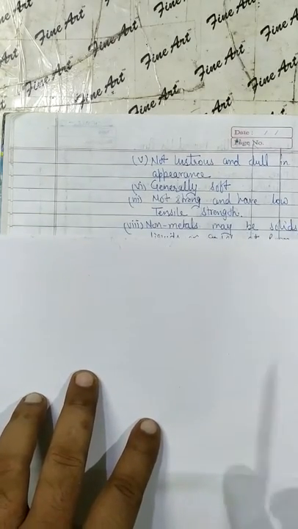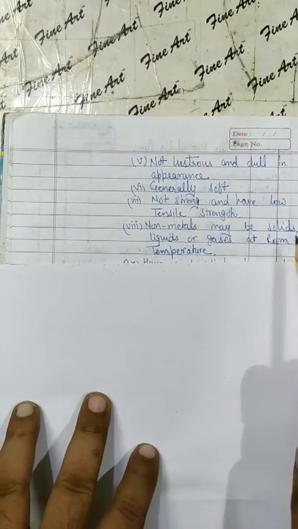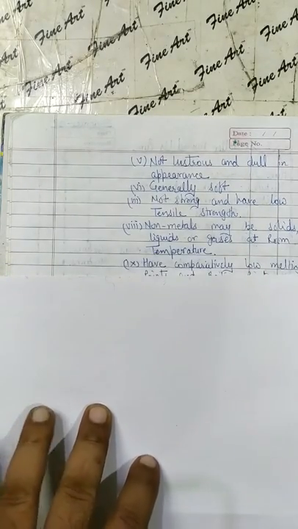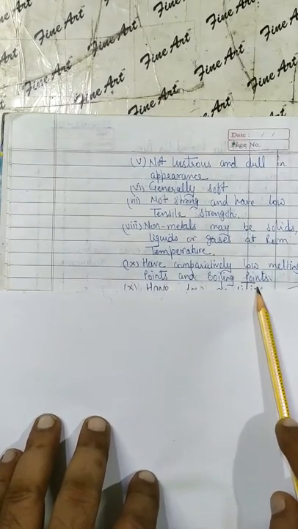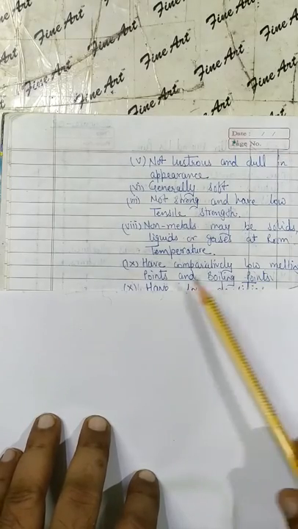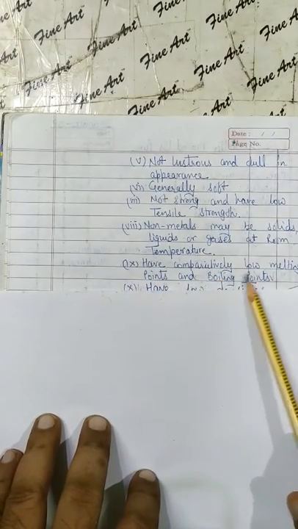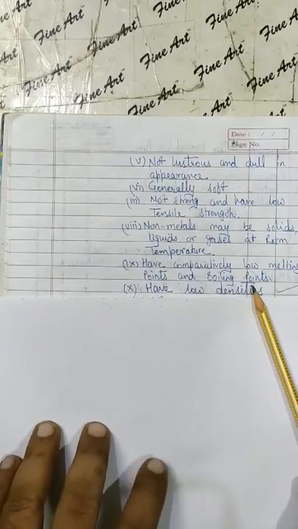Now non-metals may be solids, liquids, or gases at room temperature. So there are variations, right? Exceptions. So non-metals have comparatively low melting and boiling points. Like metals have high melting point and high boiling point, non-metals have, in comparison to metals, low melting point and low boiling points, right?